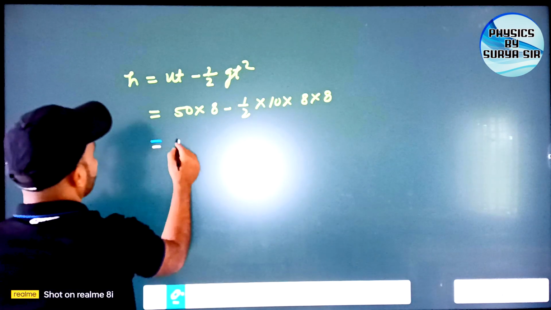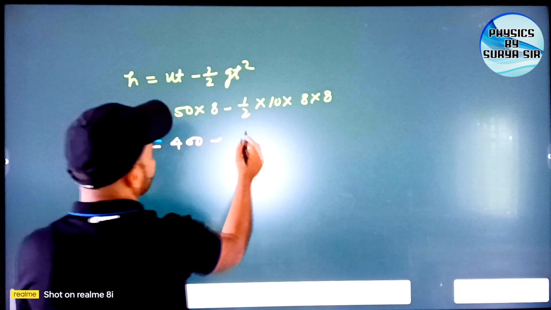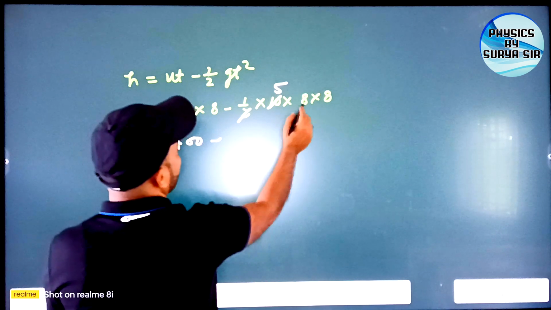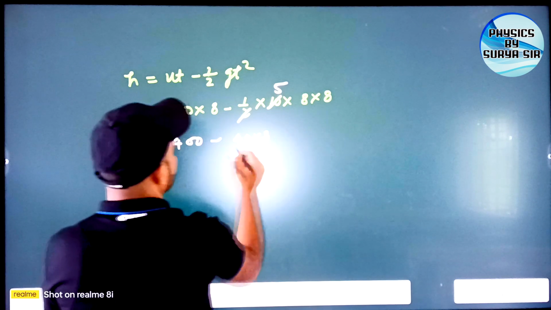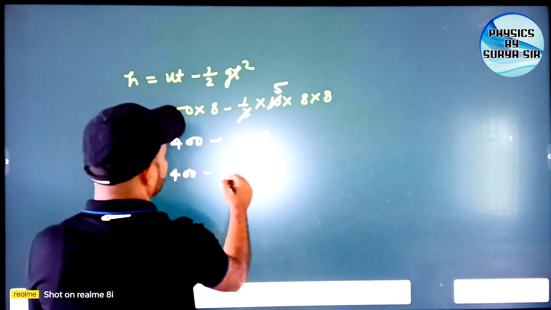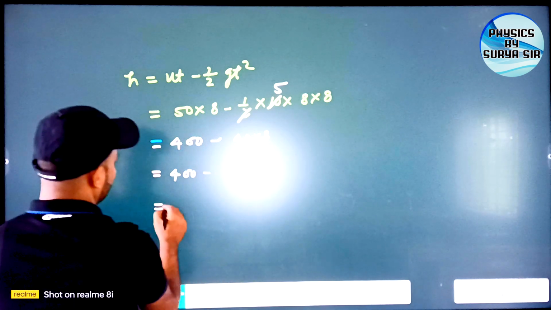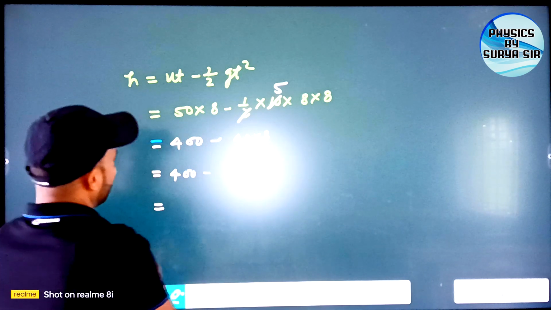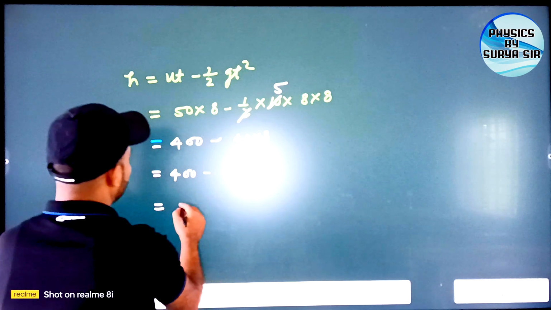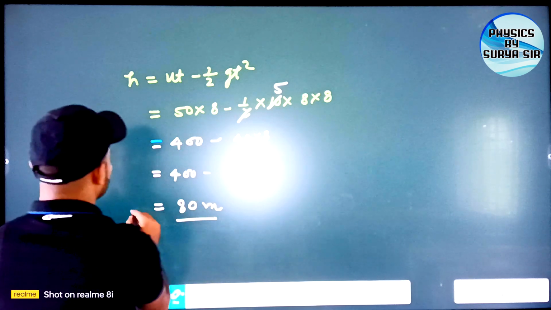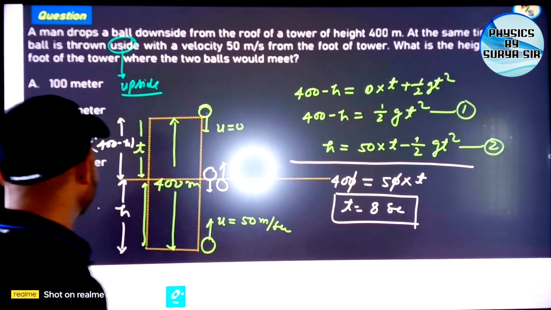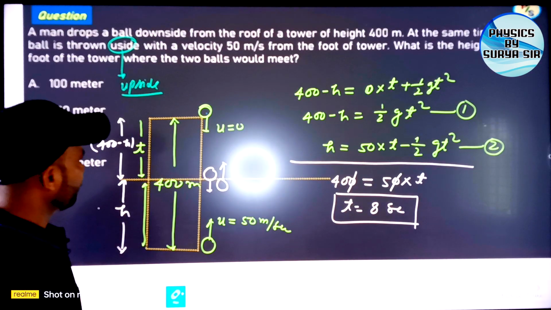So this is 400 minus 5 into 64, which is 320. So h is 400 minus 320, that is 80 meters. At a height of 80 meters, they will meet each other.